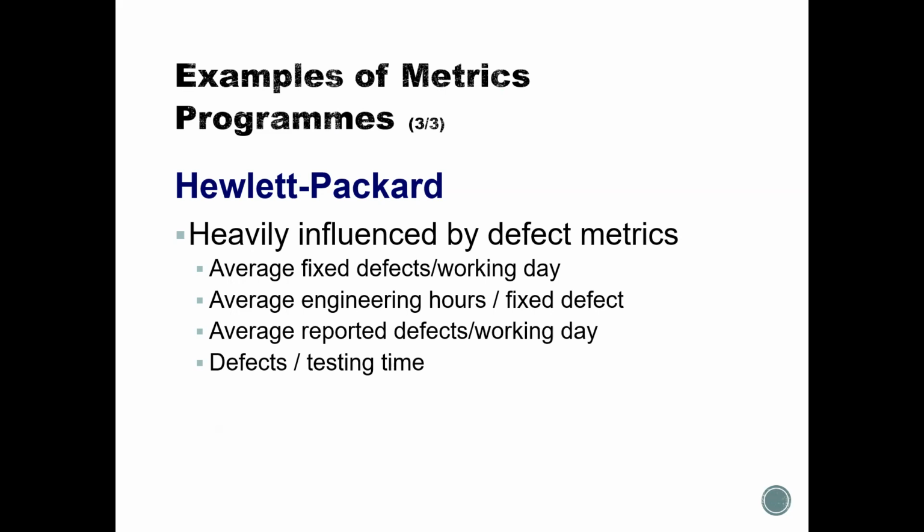So they are more inclined towards the people and how these defects are being fixed. So we have three different companies, and all three have different approaches for different measurement criteria, which gives us an example of how different metrics can be formulated for different companies.